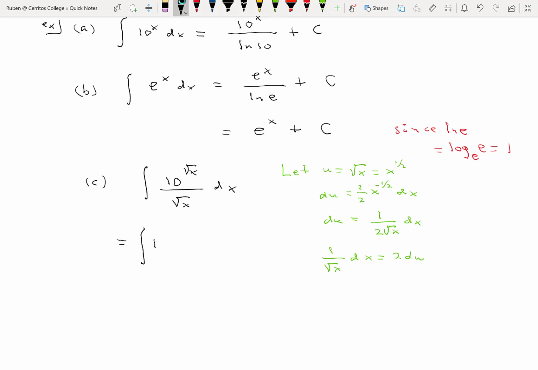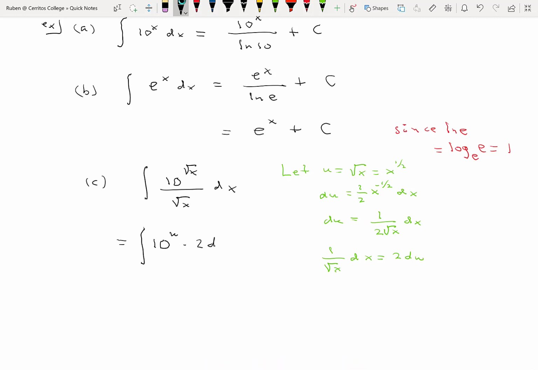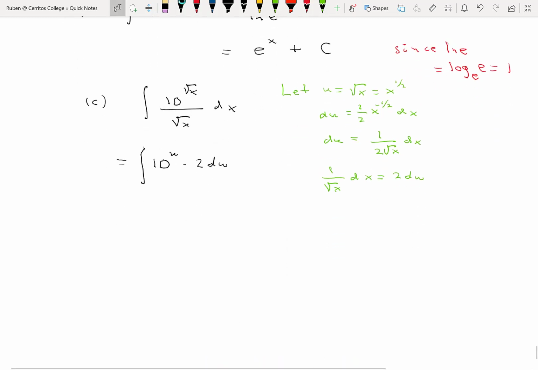Okay, so let's make the substitution into our integral and go forward. We're looking at 10 raised to the u, and dx over the square root of x is just 2 du. The 2 is a constant. Constants can be factored out of integral signs. Nothing else can be factored out. And then we're done.